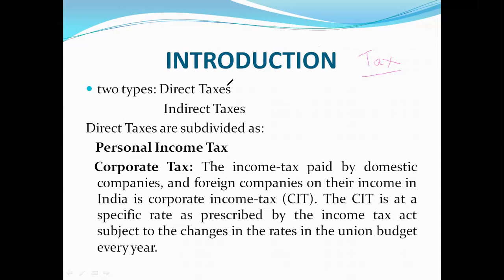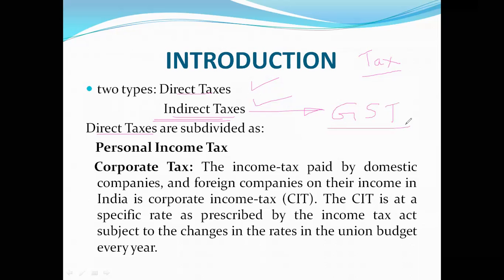Okay, so as you all know, at your degree level, you must have learned that taxes are of two types: direct taxes and indirect taxes. Direct taxes are paid directly to the government without any brokers, without any mediators. Whereas indirect taxes, let us take for example, 2-3 years ago, our government has brought GST, goods and services tax.